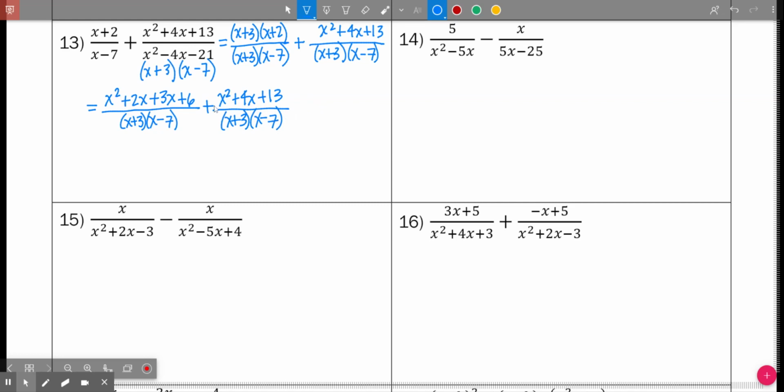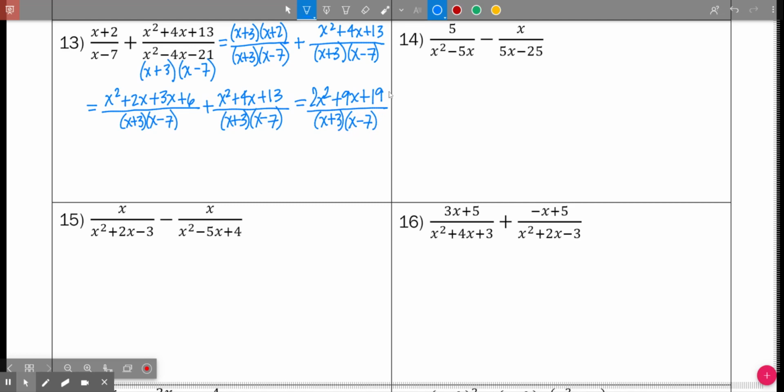So I have x squared plus x squared is 2x squared. 2x plus 3x is 5x, plus 4x gives me 9x, and 6 plus 13 gives me 19, all over x plus 3 times x minus 7.